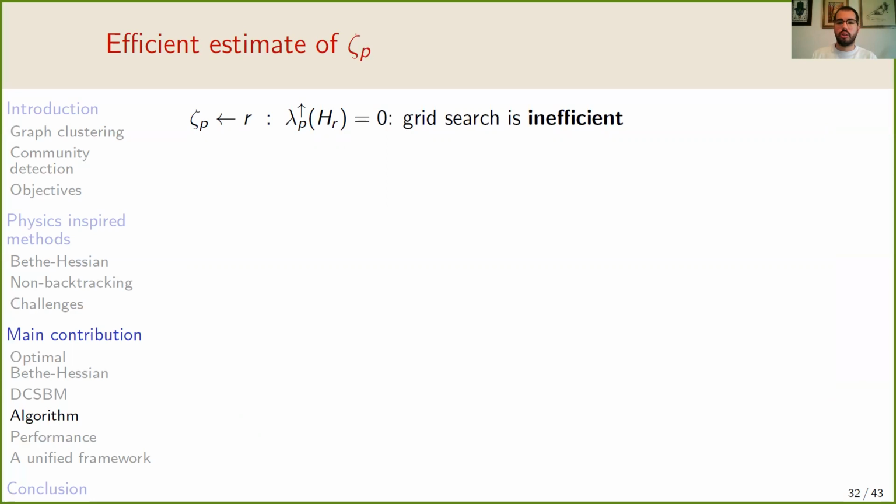But a grid search is inefficient because each time we have to evaluate this function for a different value of r, we have to compute p eigenvalues. And this has a complexity which scales as the number of edges times p squared. So we must find a way to evaluate this function the smallest number of times as possible.